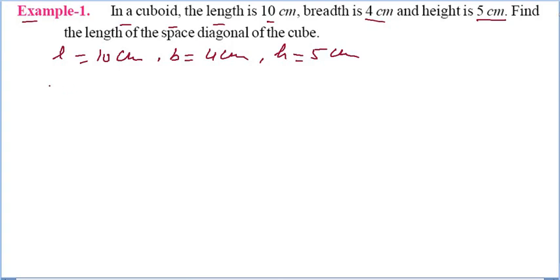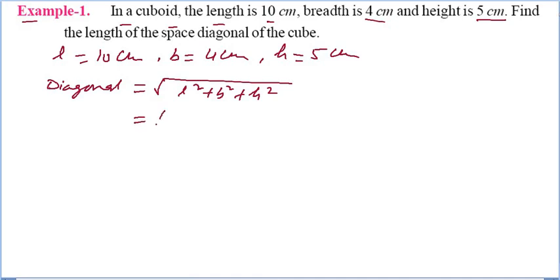So diagonal, length of diagonal is equal to under root of L square plus B square plus H square. Now put the value. So L is given as 10 whole square and B is 4 whole square and H is 5 whole square. So now do the square.